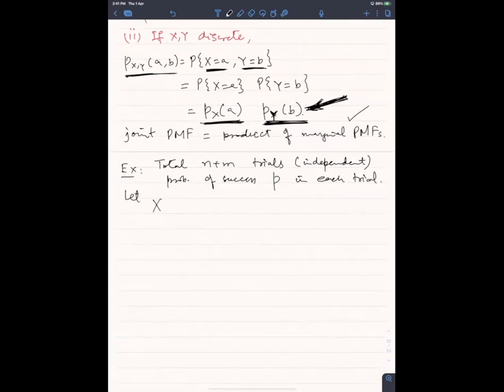Let X be the number of successes in the first n trials. What is the distribution of X? Very easy. You have n trials in which the number of successes is X. What is the distribution of X? Answer in the chat window. Please, answers in the chat window.